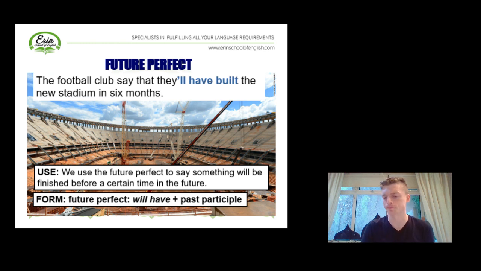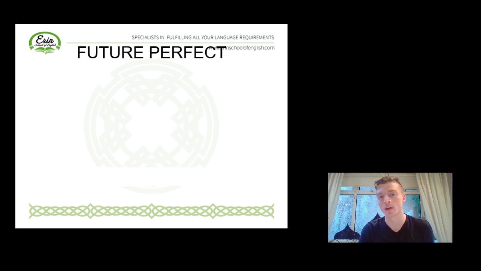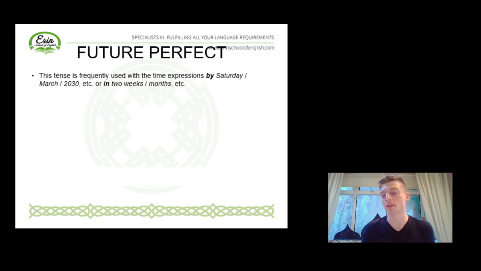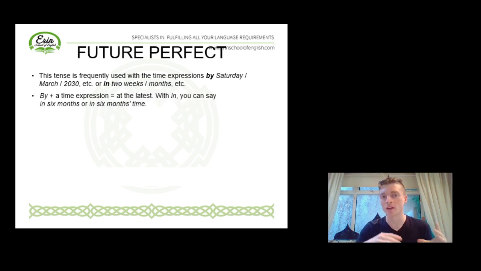So here are a few more points about this structure. The tense is frequently used with the time expressions by and in. So for example, by just means at the latest.